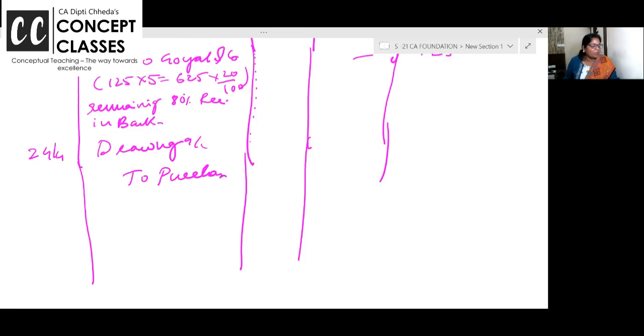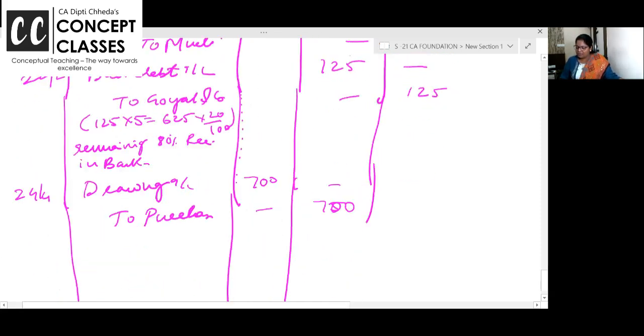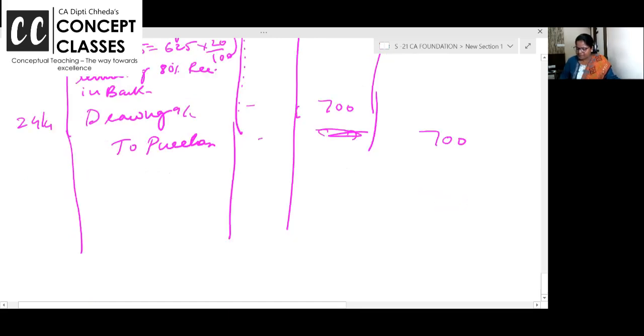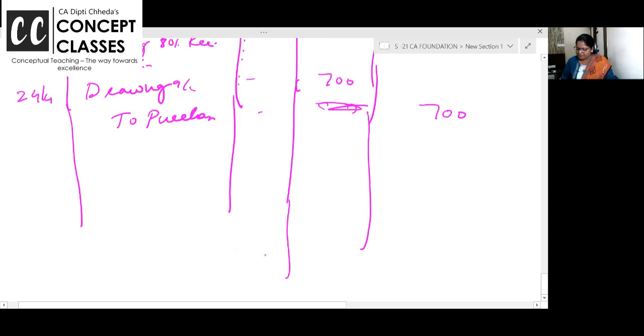Amount is coming to how much? 350 into 2, 700. Oh, sorry, this was the folio, no? 700 debit, 700 credit. Drawings account debit to purchases.